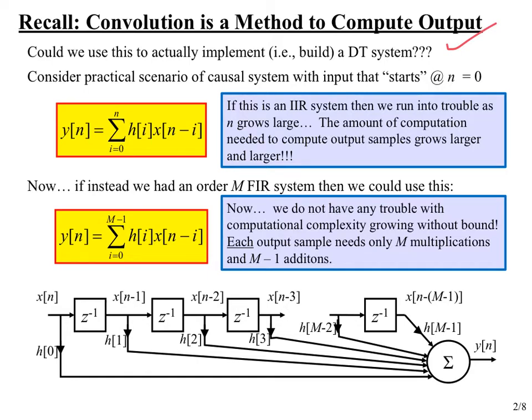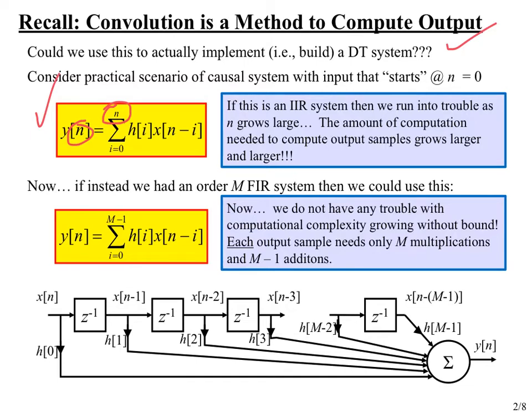So if we have an IIR system, with an infinitely long impulse response, our convolution for this scenario ends up looking something like this, and the key is that the upper limit on the summation is the current time at which we're trying to find the output. So the output at the instant n, to compute that, we would have to sum from i equals 0 all the way up to n.